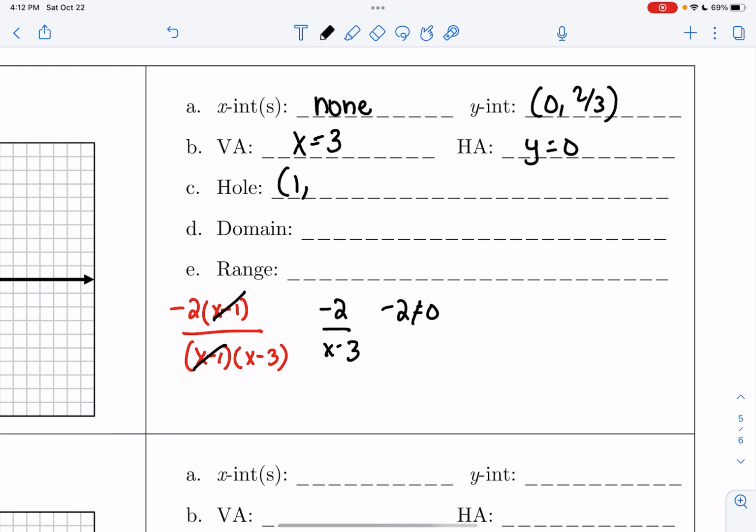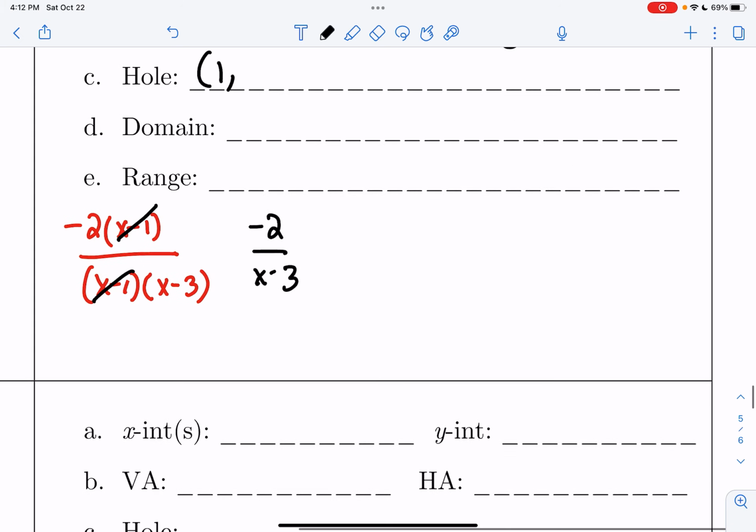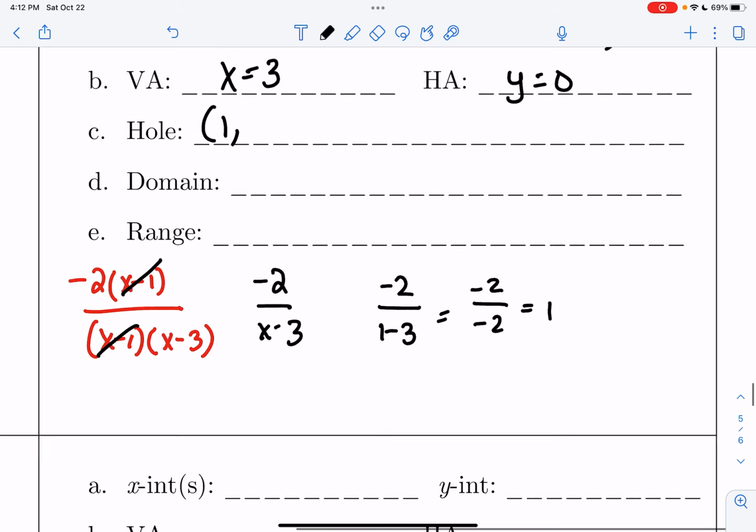Your hole is going to be whatever your common factor was that you canceled out. In this case, we canceled out x minus 1. We're going to set that equal to 0 to get 1. And then to find the y value, you are just going to substitute the x value into your simplified function. And that's going to give me (1, -1).